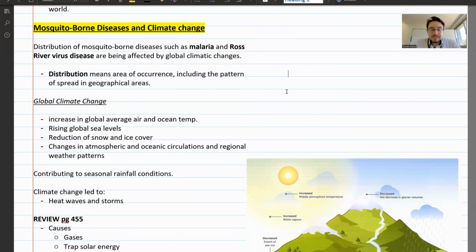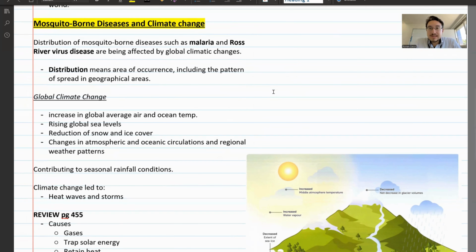More rainfall means more pools, which means more areas where mosquitoes can breed and lay their eggs, and the eggs are developing and so forth. So you're getting a higher population of mosquitoes. The mosquito-borne diseases we're already familiar with are malaria and the Ross River virus disease, which get passed down by mosquito vectors. So definitely it's affected by global climatic changes.